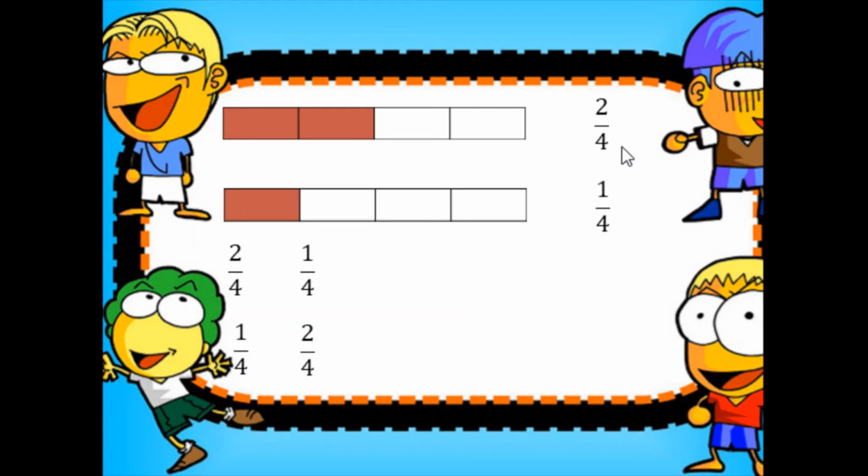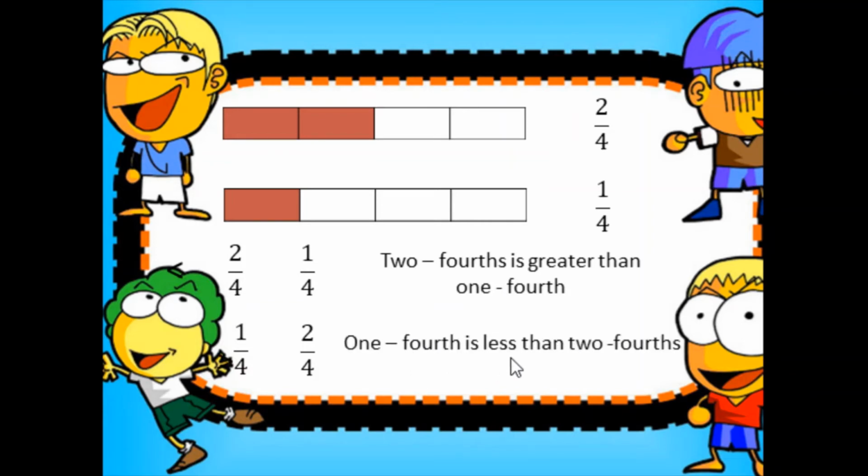So if you look at 2/4 and 1/4, we can say that 2/4 is greater than 1/4. Because as you can see, 2 is greater than 1. Is it right? Okay. And we can also say 1/4 is less than 2/4 because 1 is smaller than 2.